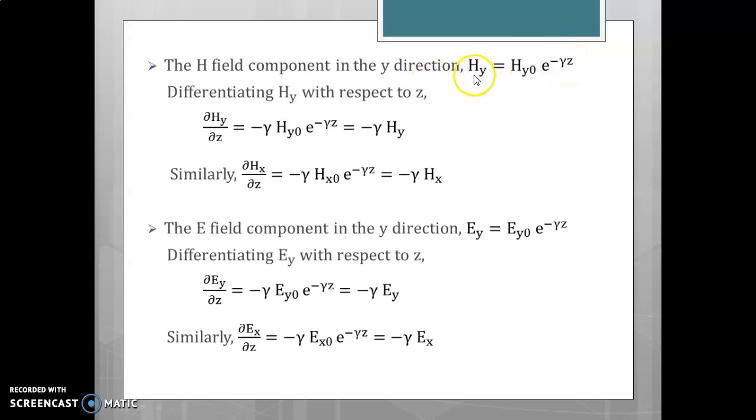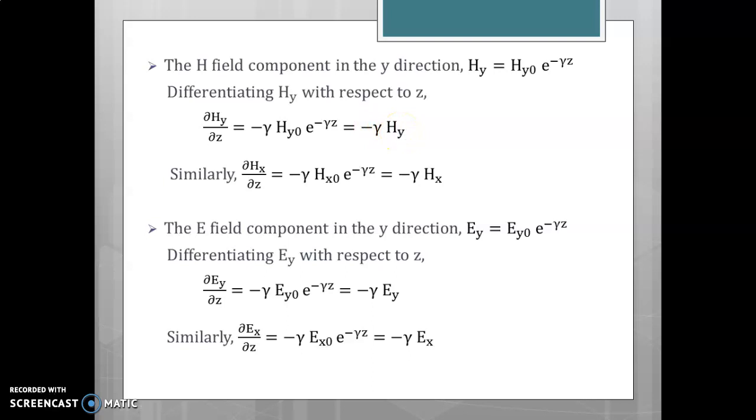Now doing partial differentiation of Hy with respect to z, we'll get dou Hy by dou z is equal to Hy naught, which remains constant, times the derivative of e power minus gamma z, which is minus gamma e power minus gamma z. This term Hy naught e power minus gamma z can be replaced by Hy.